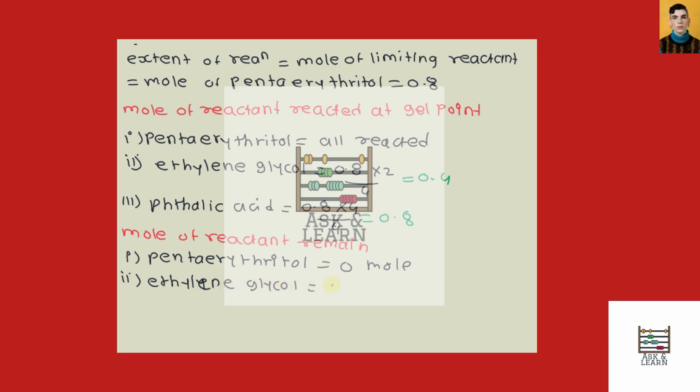It is equal to 0.5 minus 0.4 and by calculation we get 0.1. Then the third one, we find the mole of phthalic acid, which is equal to 2.0 minus 0.8 and by calculation we get 1.2 mole.